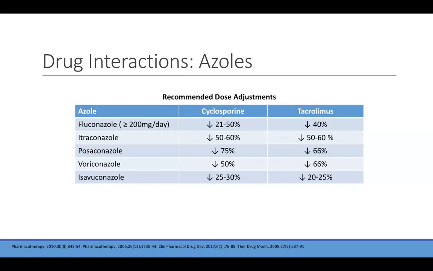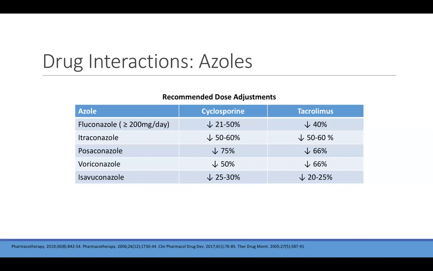If you're using posaconazole or voriconazole, that should be a minimum of 50% dose adjustment off the bat. So 66% is what's been shown in literature, but just for ease of dose reduction, it should be a minimum of 50% dose reduction. Again, itraconazole, we don't really see as much, but it would follow the same suit as posaconazole and voriconazole.